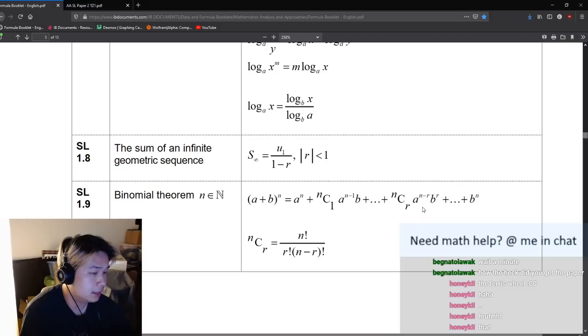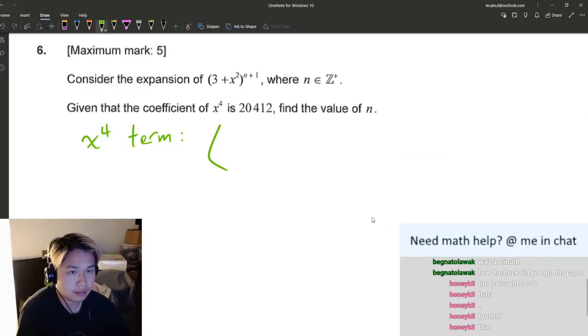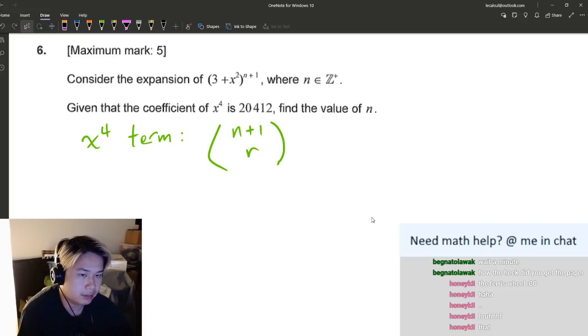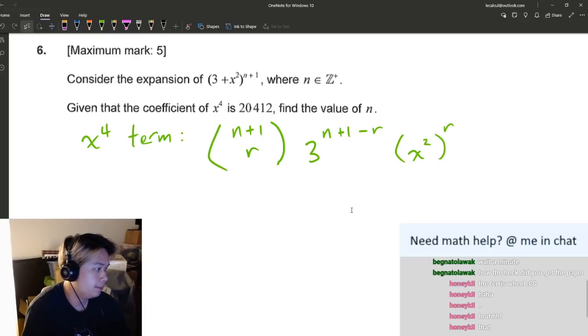So it's nCr a to the n minus r times b to the power r. So our exponent is n plus 1. We don't know what r is for now. And then it's 3 to the power of n plus 1 minus r times x to the power of 2 to the power of r.